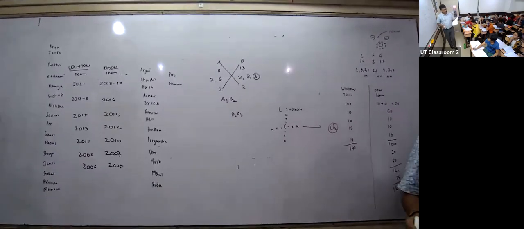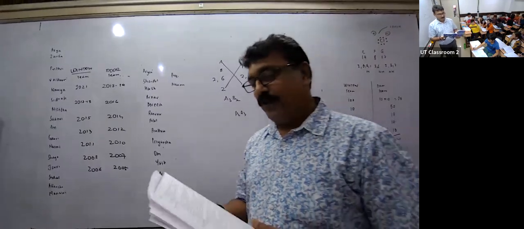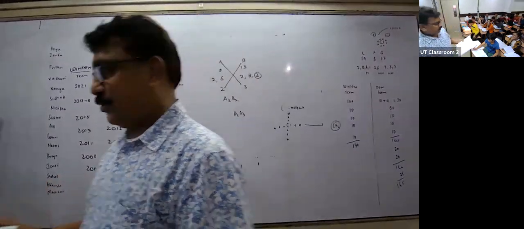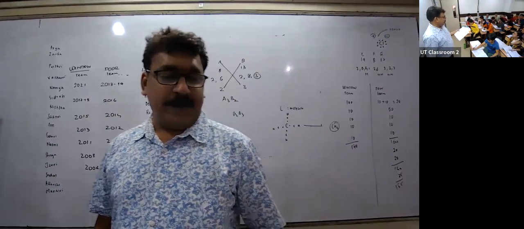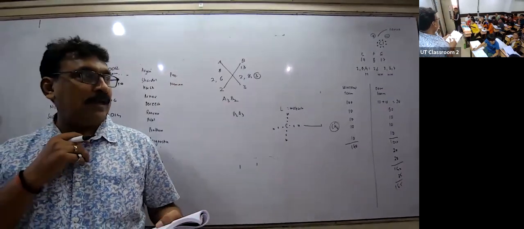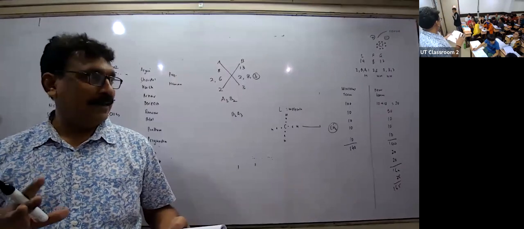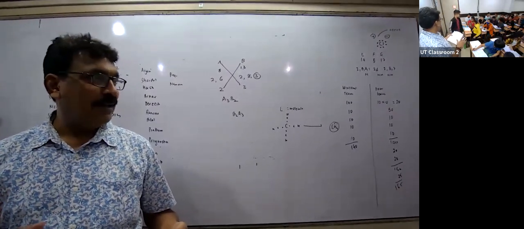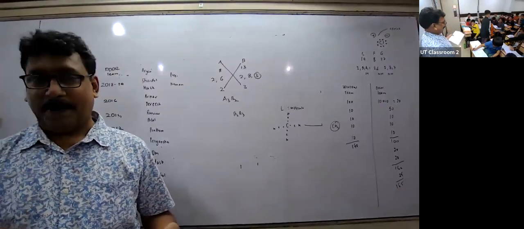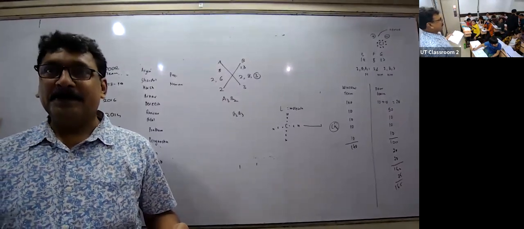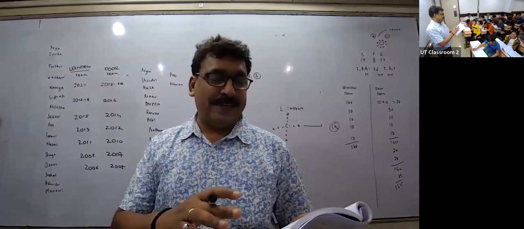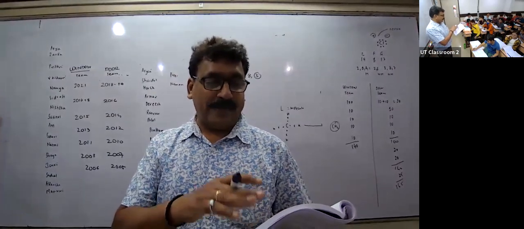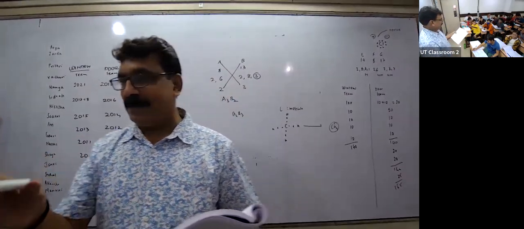Okay, this side. 2008. Which of the following is not a common characteristic of electrovalent compound? This question is only 10 points, but the next question is 20 points.